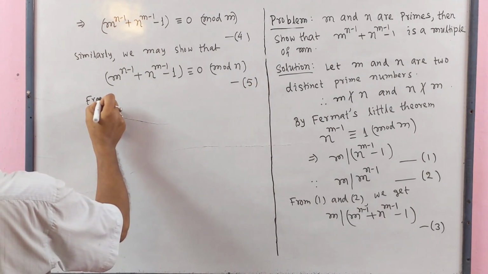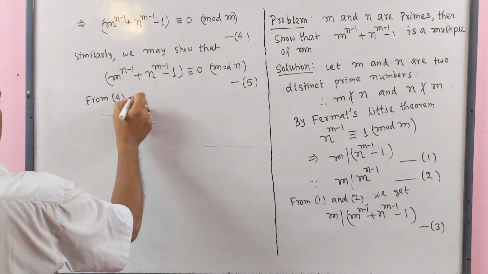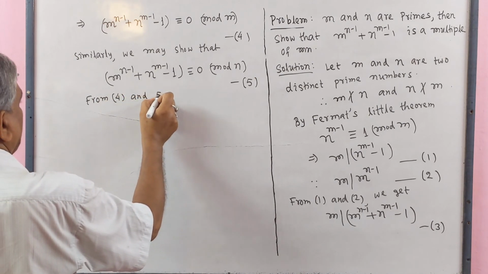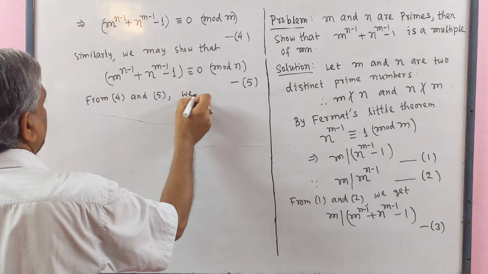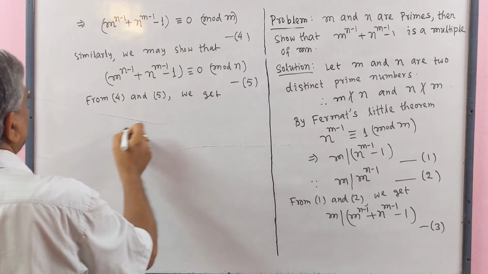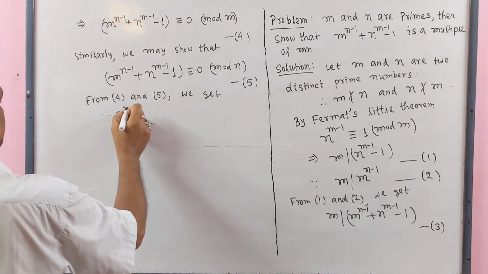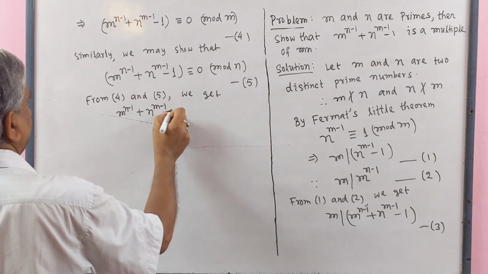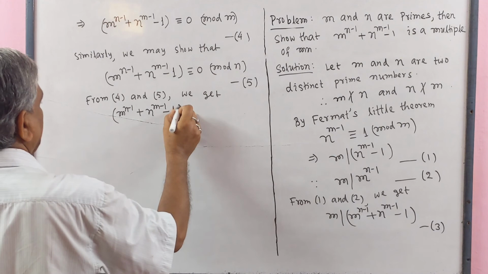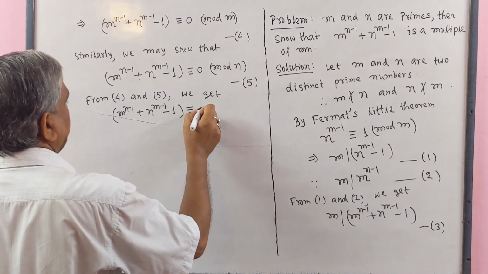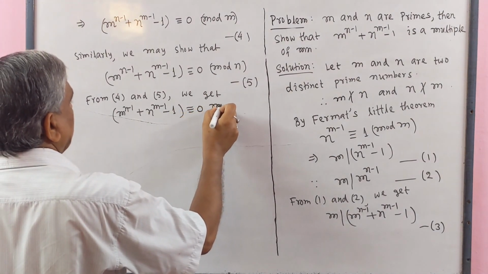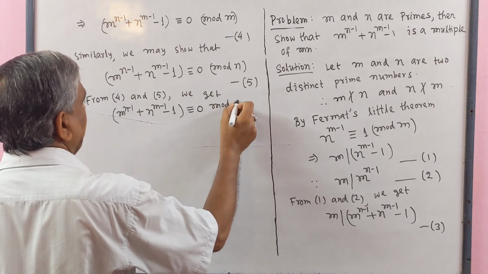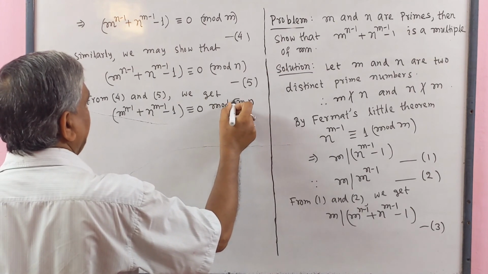From 4 and 5, we get m to the power n minus 1 plus n to the power m minus 1 minus 1 is congruent to 0 modulo LCM of m and n.